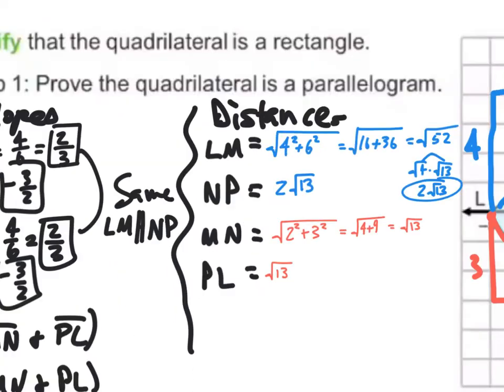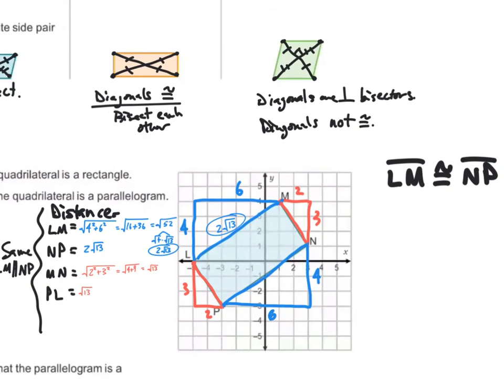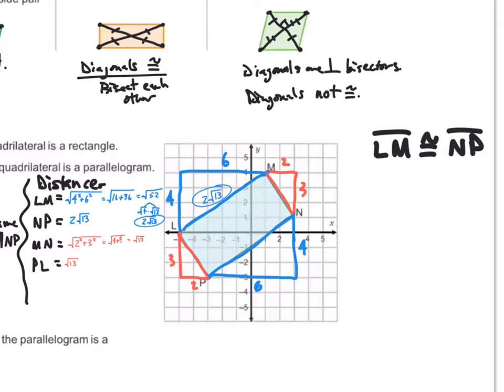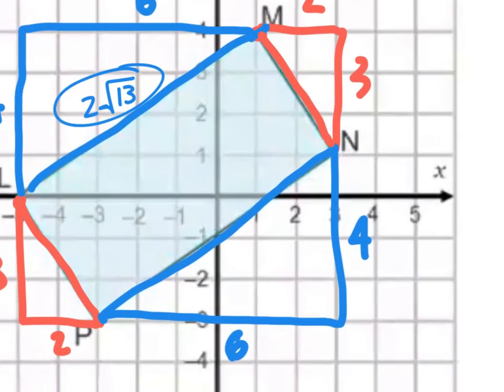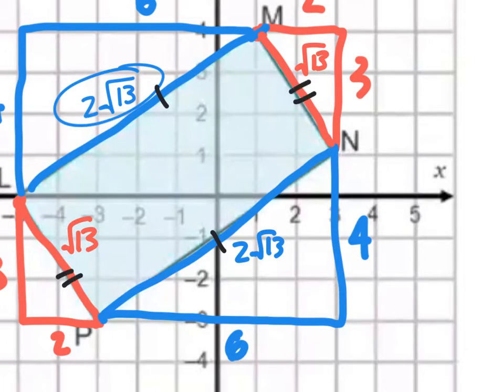Because those are the same, we can then say that MN is congruent to PL. So let me write this in here, that this is going to be 2 square root of 13, that this one is the square root of 13, and this is the square root of 13. So we can show that these are congruent and that these two are congruent.